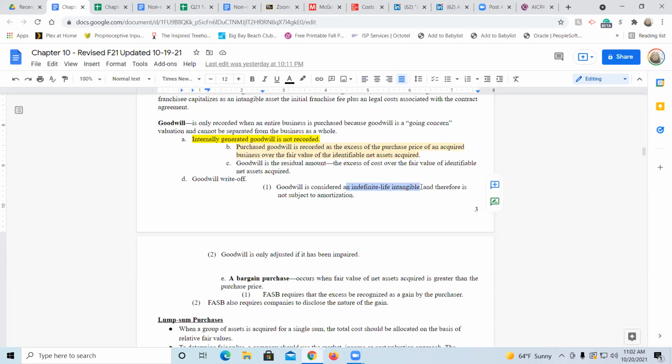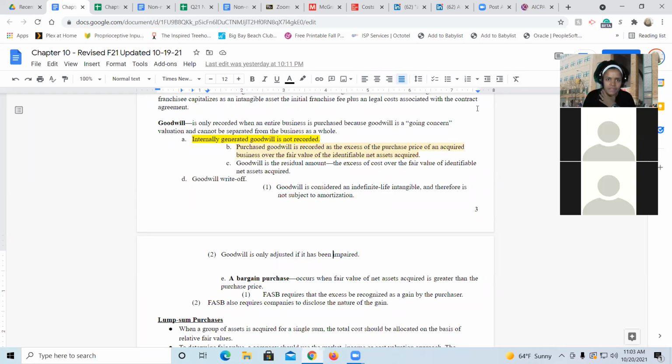As I said, it's an indefinite life intangible, meaning there's going to be no amortization, and it will just be adjusted if it's impaired. So there was a whole big deal, a year or two after Facebook purchased WhatsApp, because people were like, well, does this goodwill have any value? Because WhatsApp isn't actually generating revenue.